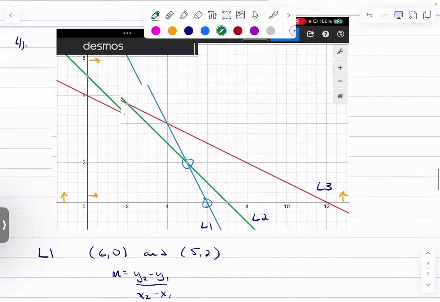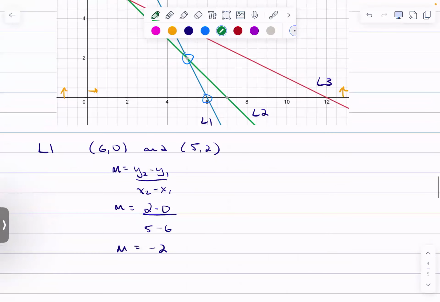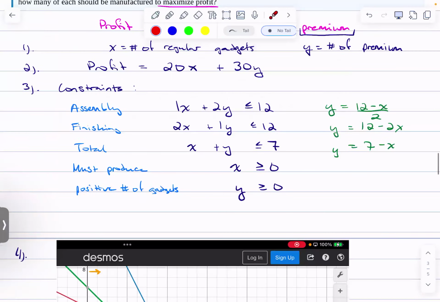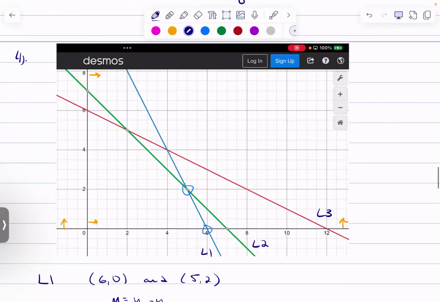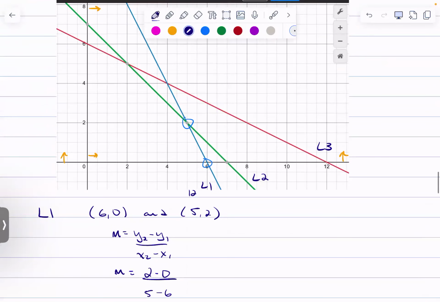So here, the slope of line 1 is -2, which means that this is going to be line 1. I find it's easier if I just draw it on here. I've already solved it for y, so let's keep it that way: y is 12 minus 2x for line 1.